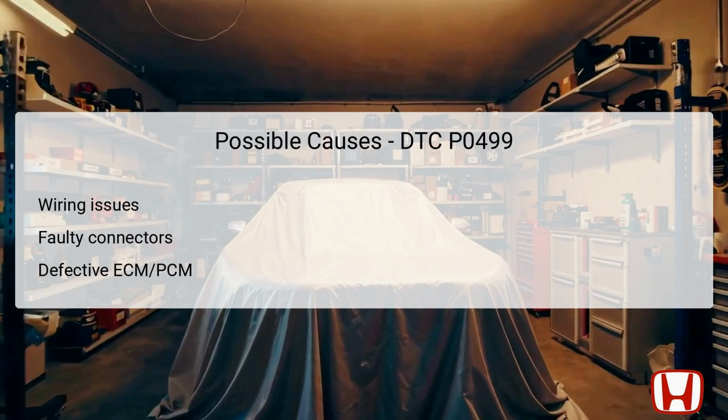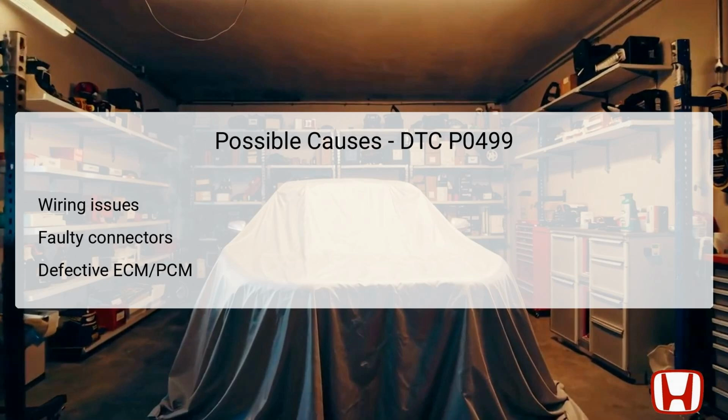Furthermore, a defective ECM or PCM can play a role if it does not properly regulate voltage levels or appropriately interpret the circuit's conditions. Each of these causes warrants close inspection to identify the root of the high voltage indication and prevent further complications in the EVAP system.